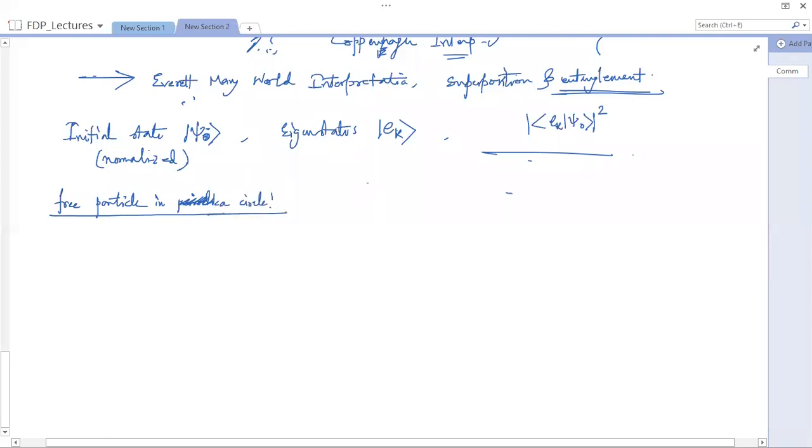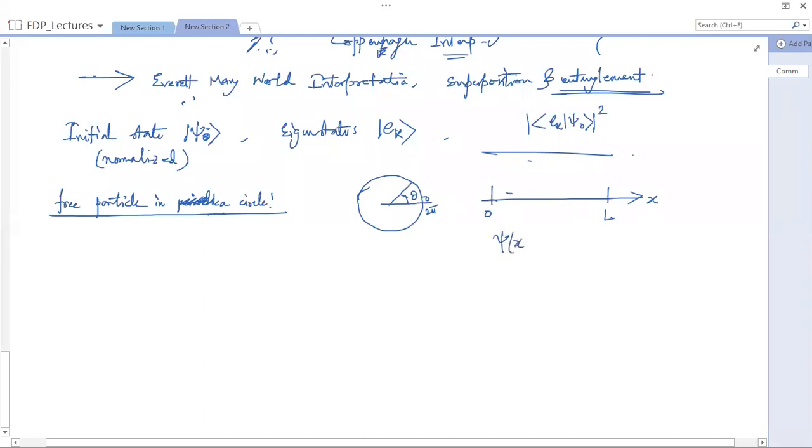The perimeter has length L, and this is the only x variable. You can also think about it as the theta variable, where theta goes from 0 to 2 pi.